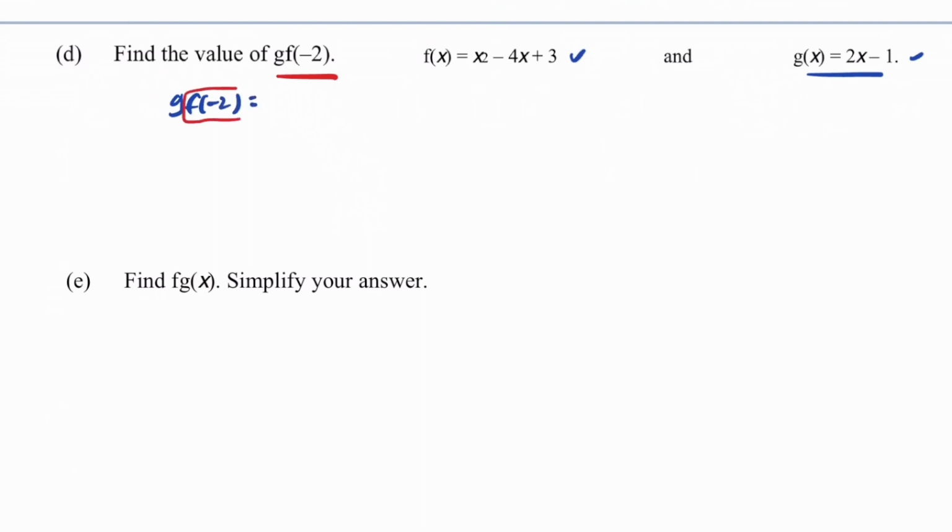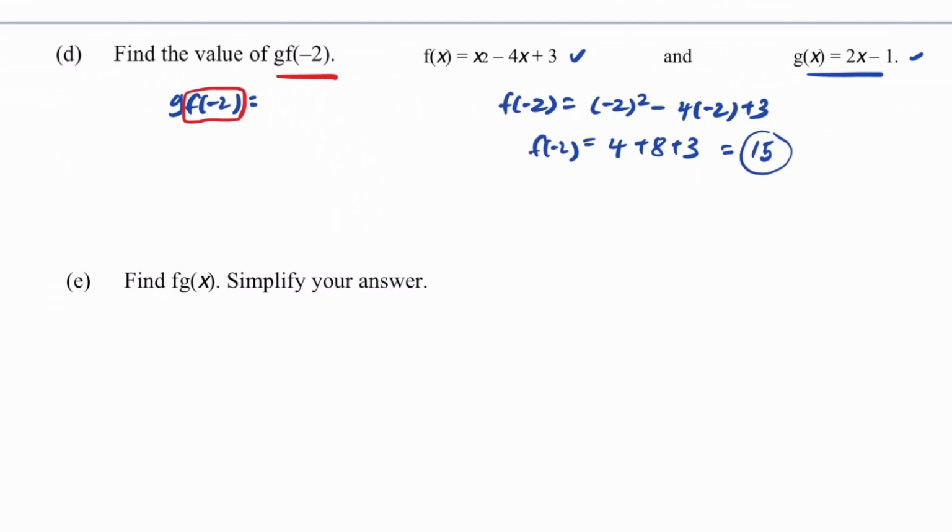First find f of negative 2: negative 2 squared minus 4 times negative 2 plus 3. So that would be 4 plus 8 plus 3, which should give you 15. Take note of this value and put it back in.